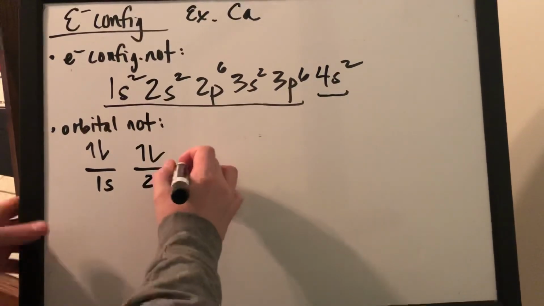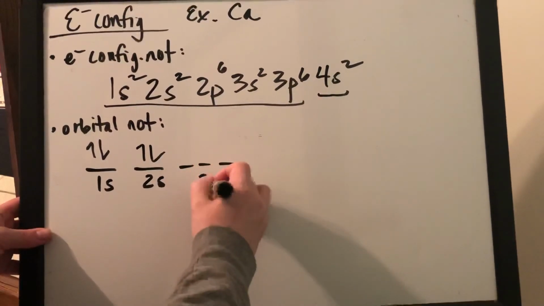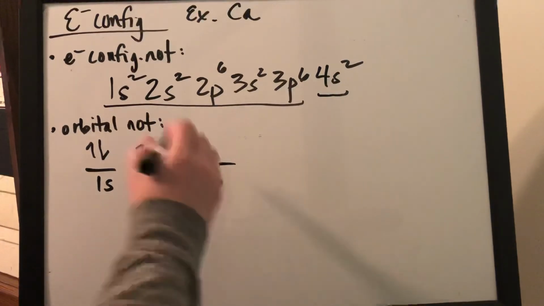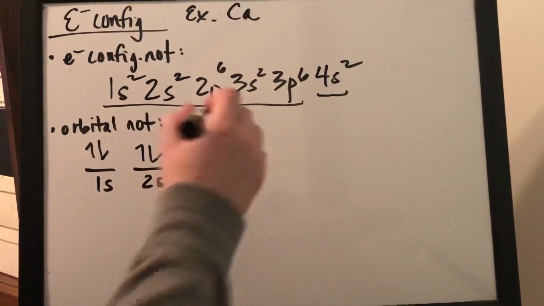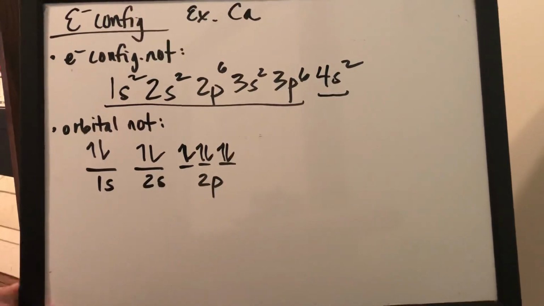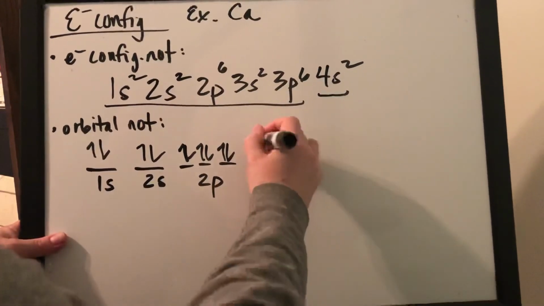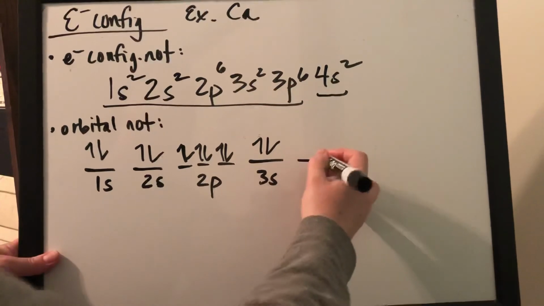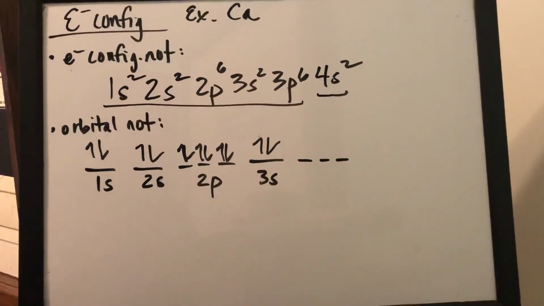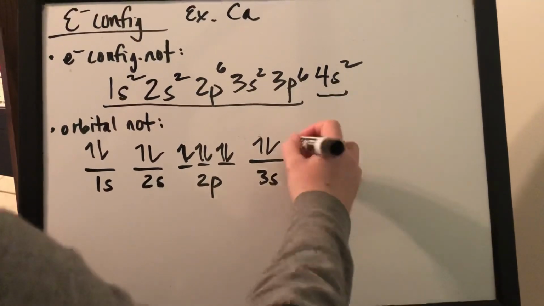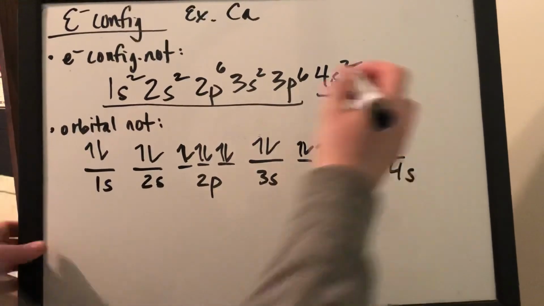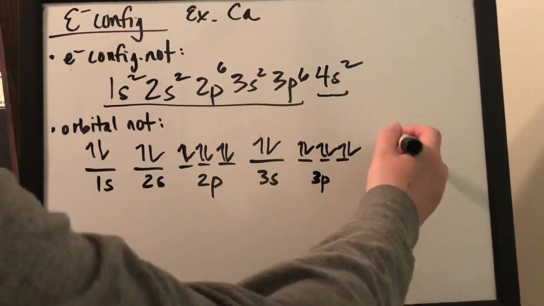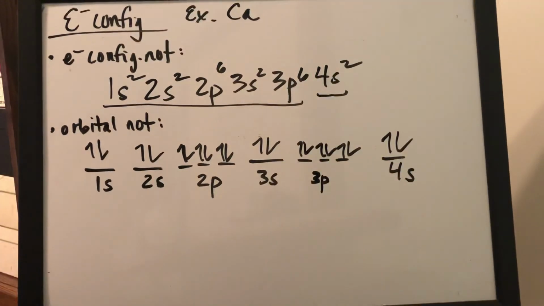The 2p, there are 3. Remember, it's degenerate: 2px, 2py, and 2pz. So technically it fills like this: up, up, up, down, down, down. Okay, 2p is full. Then the 3s, just one of them, up, down. The 3p is also degenerate with 3px, 3py, and 3pz. Technically it fills up, up, up, down, down, down, and then a 4s, which is full with an up and a down. So that is calcium's orbital notation.